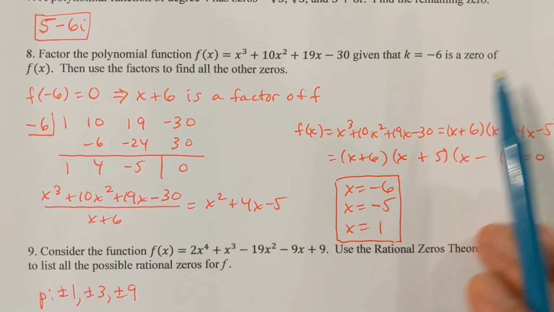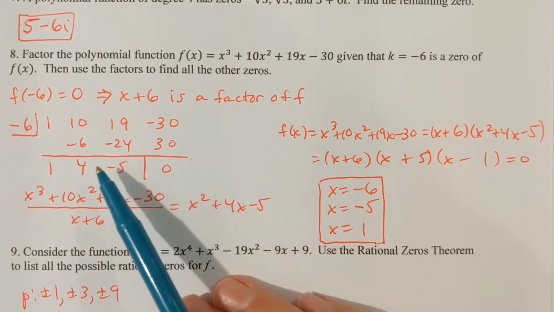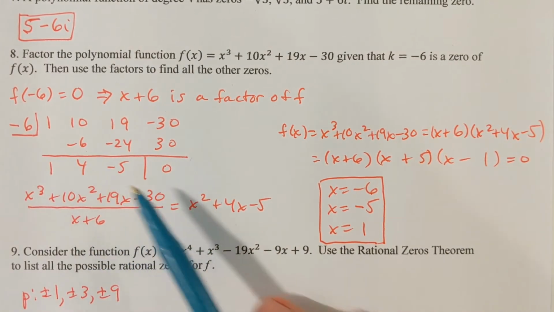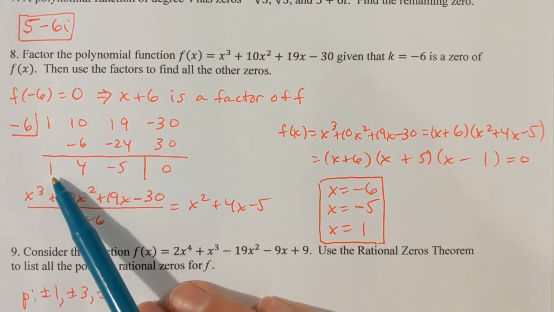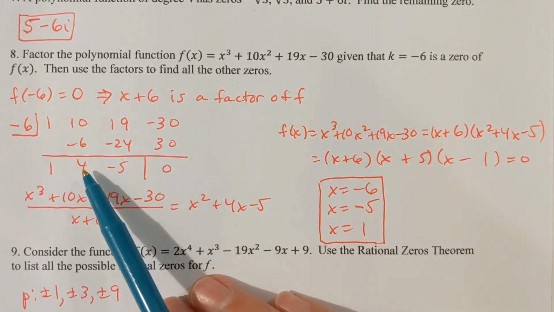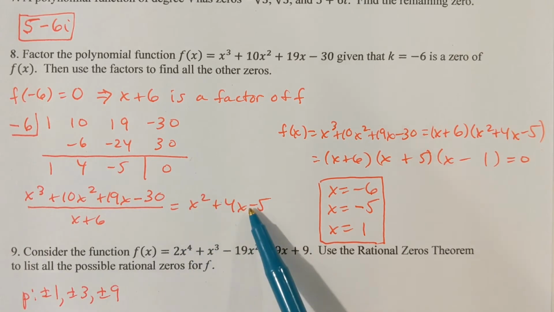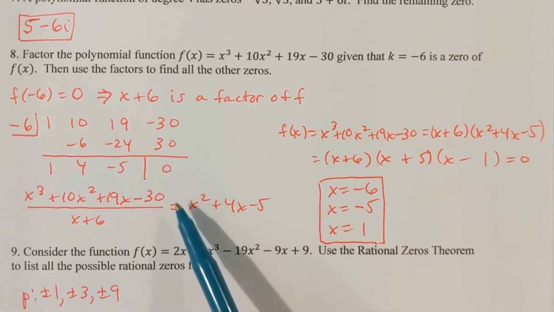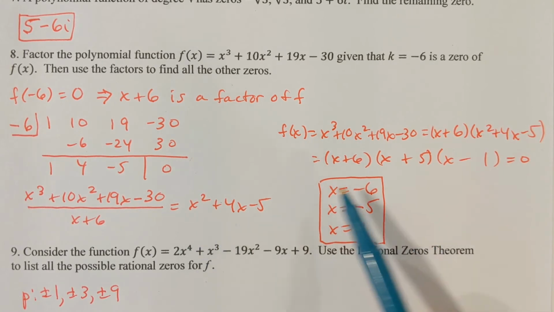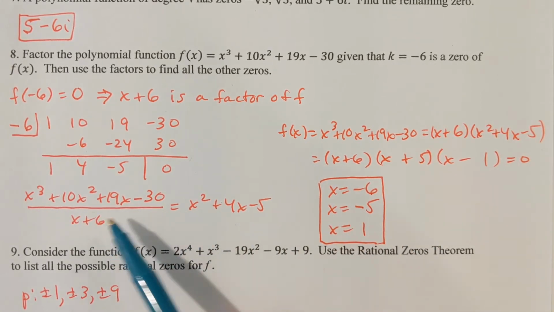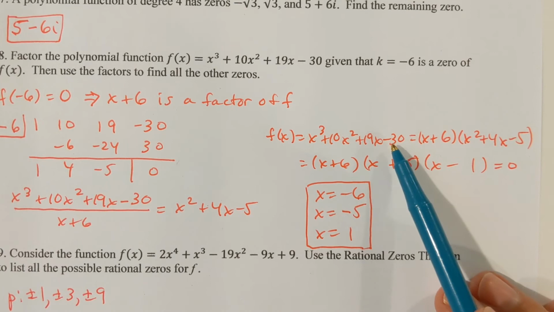Now, I'm more interested in what's to the left of 0 here, because when we divide, we see that we get 1 times x squared plus 4 times x minus 5. And with this equation, if we multiply both sides by x plus 6, that'll clear out the fractional form for us.